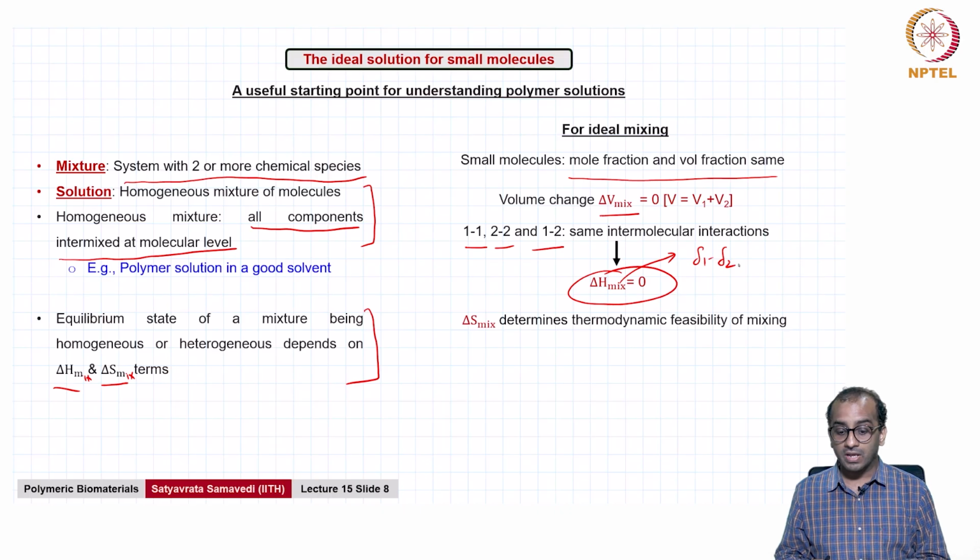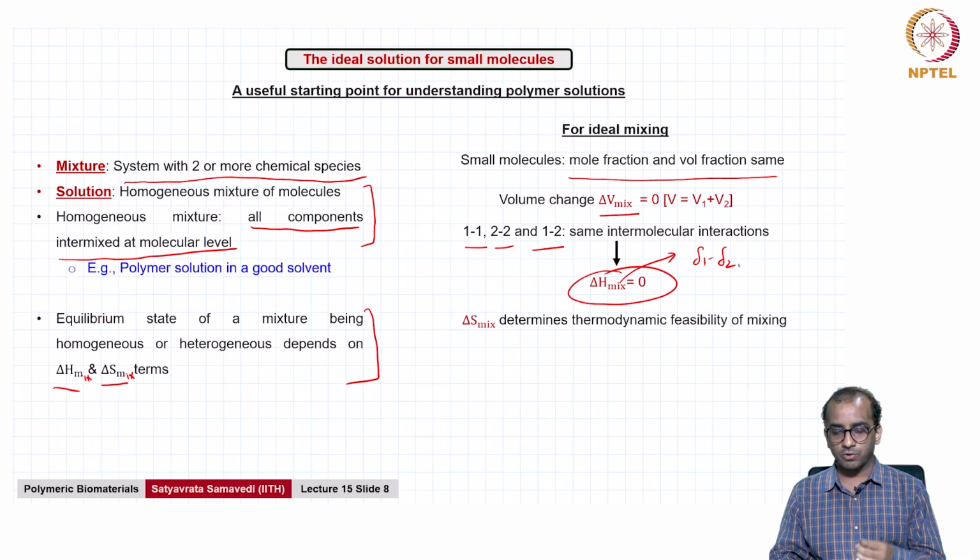And if we assume that a molecule of 1 interacting with a molecule of 1 and a molecule of 2 interacting with a molecule of 2 is the same as a molecule of 1 interacting with a molecule of 2, then delta H mix is 0. Another way to think about it is, there is no real difference between a molecule of 1 surrounded by molecules of 1 or a molecule of 2 surrounded by molecules of 2 versus a molecule of 1 surrounded by molecules of 2 or a molecule of 2 surrounded by molecules of 1.